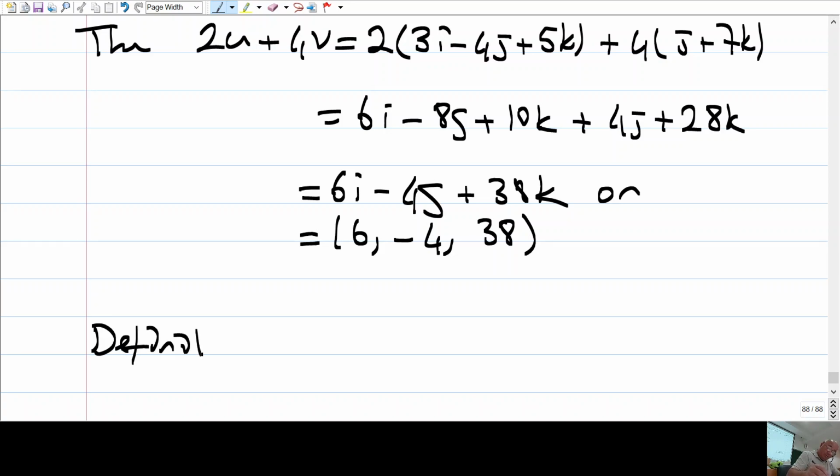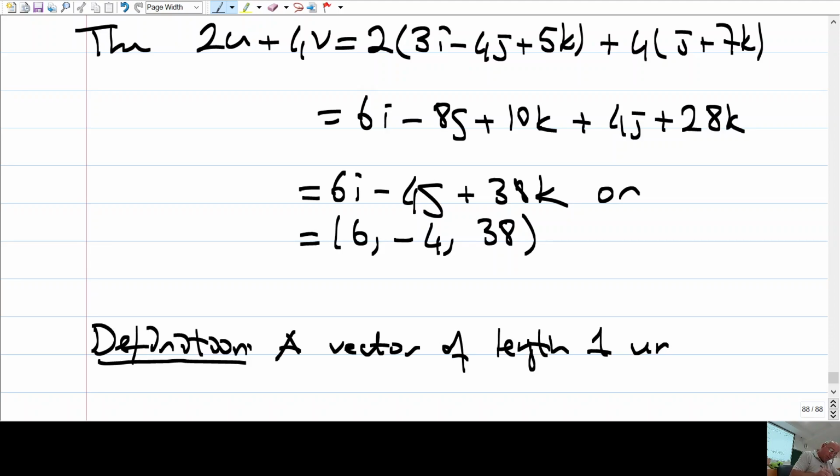Definition: a vector of length 1 unit is called a unit vector. Okay, unit vector.